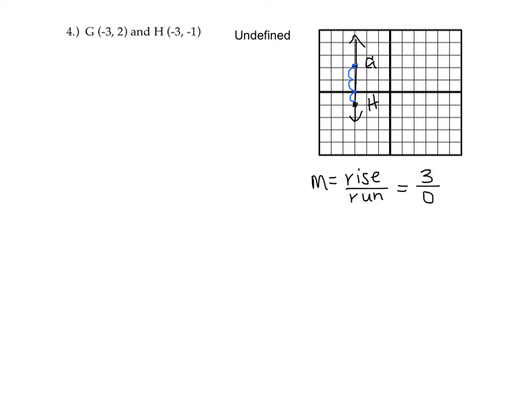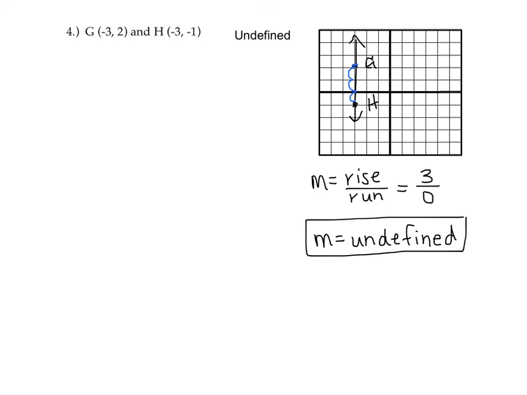Now, whenever you have 0 as a denominator, your answer is going to be undefined. So M equals undefined. Because you can't put a number into nothing. So whenever you see a vertical line and your denominator is equal to 0, your answer is undefined. So whenever 0 is your denominator, your answer is always undefined.